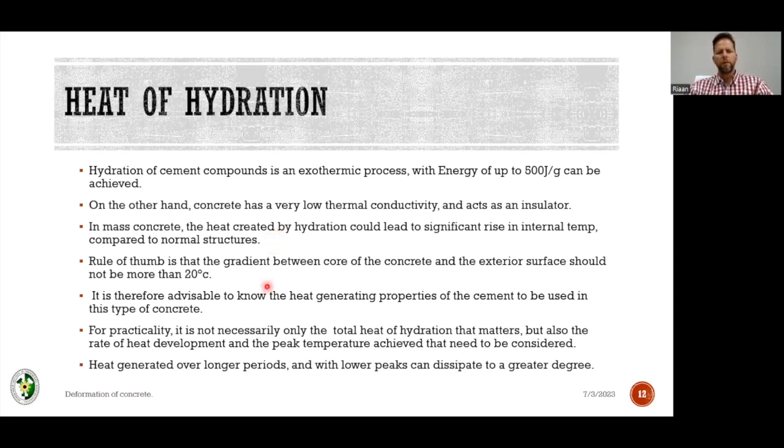So it's very advisable that you know the heat generating properties of your cement that you are using in your specific concrete. We had a case where we were casting a 25 MPa concrete base, and just a side note, it doesn't really matter whether you are casting a 40 MPa and it's going to be so hot. No, it could be a 25 MPa.